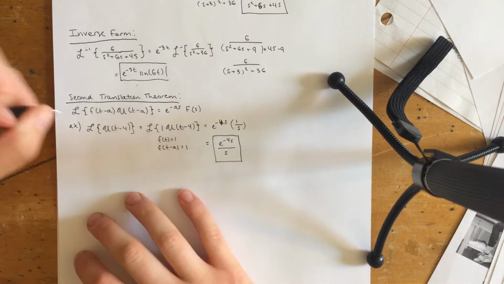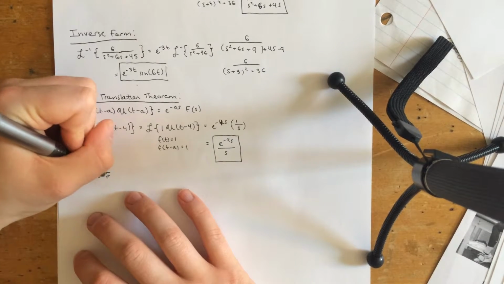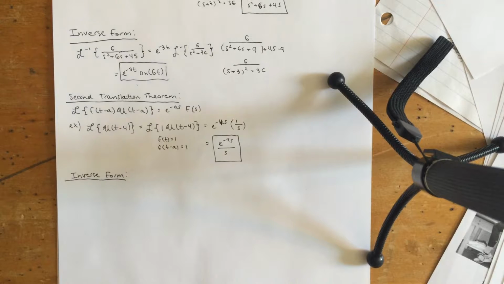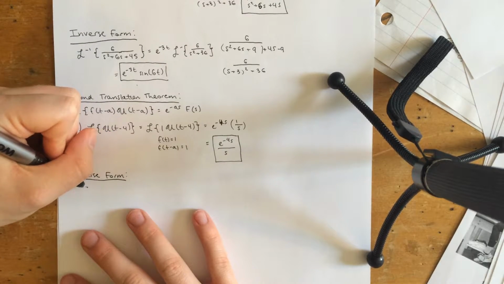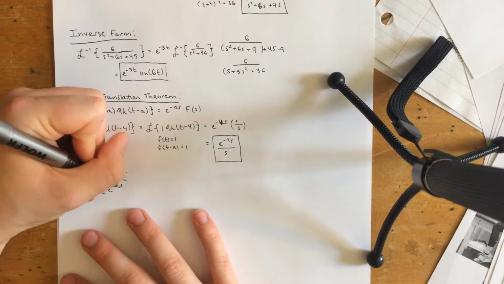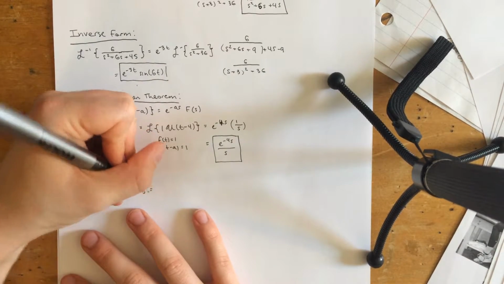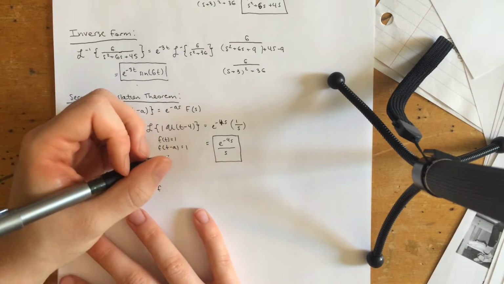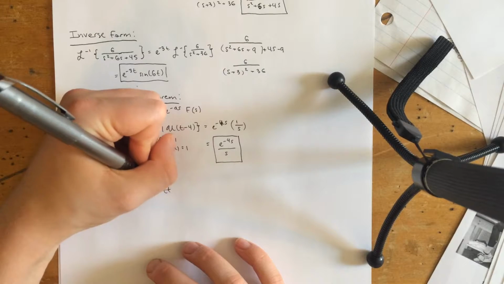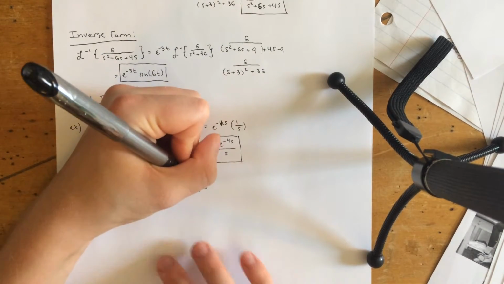And I'll show you the inverse form with a different function. So the inverse Laplace of e to the negative as times the Laplace transform of f of s equals f of t minus a, Heaviside t minus a.